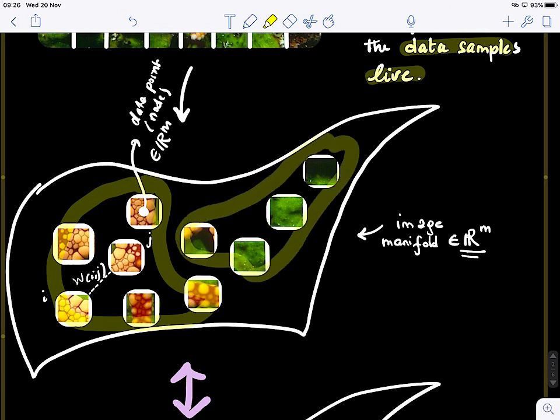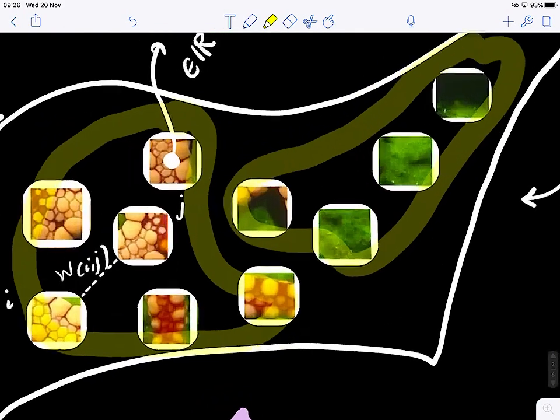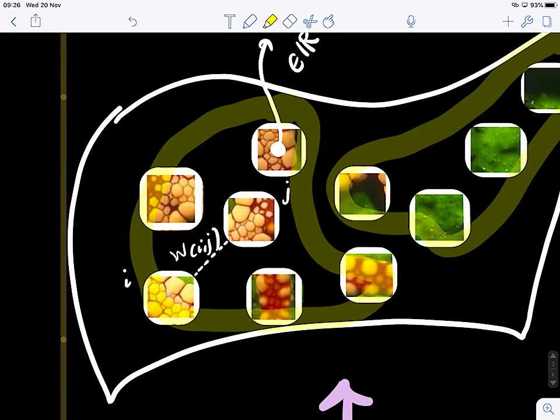Then it means that we have learned properly the similarity between these nodes. Here, Wij denotes the similarity that we want to learn. It's the weight of the edge that connects sample J to sample I.